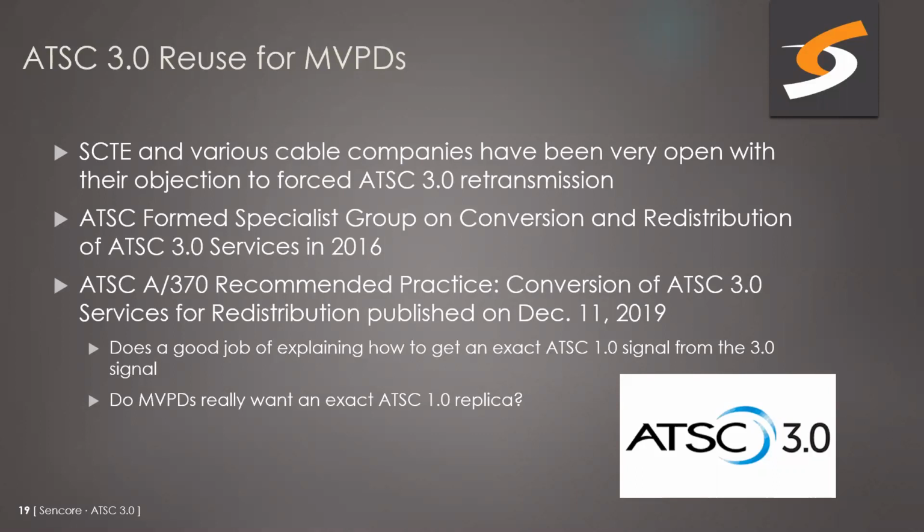We're mainly focused in this webinar on the MVPD reuse. As of December 11, 2019, the recommended practice ATSC A370 was released by this group, and it is titled Conversion of ATSC 3.0 Services for Redistribution.